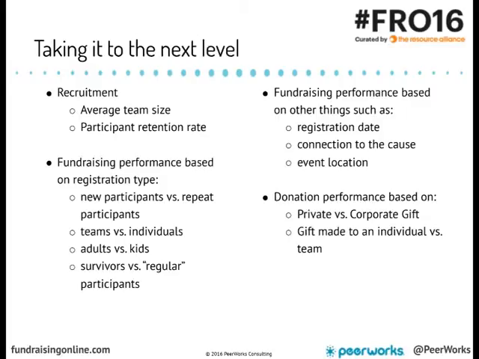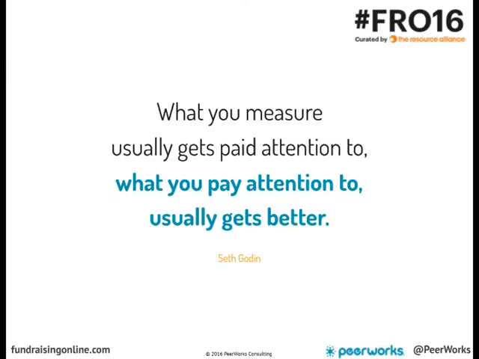So going back to what Seth Godin said in his blog just recently, what you measure usually gets paid attention to. What you pay attention to usually gets better. So we hope that we've shown you the things that you should be paying attention to, and when you do pay attention to those metrics and look at that data in that way, all of those things will get better.